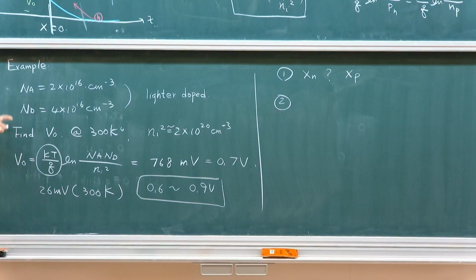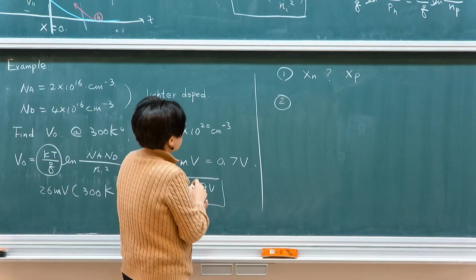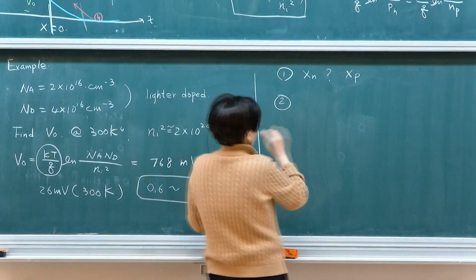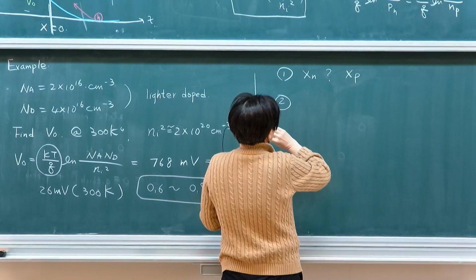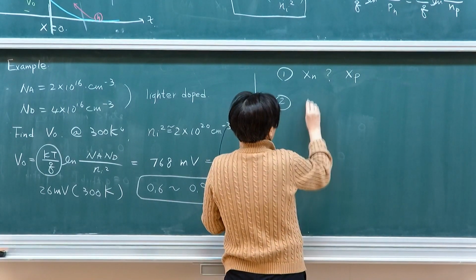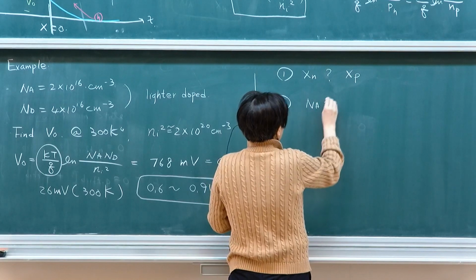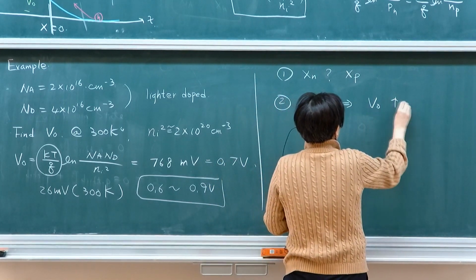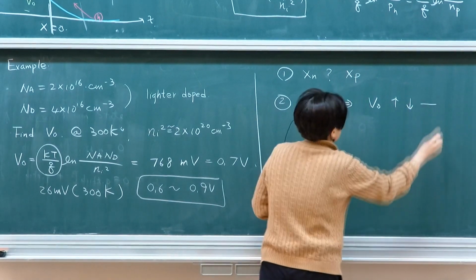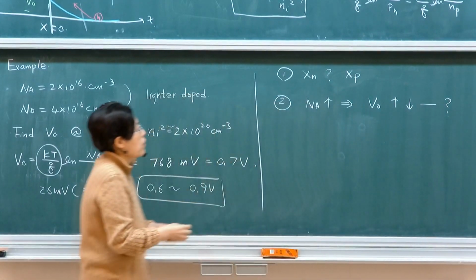I'm just saying that if I give you something like this, you should figure out these particular results. And then, let me think, Xn, Xp, and if Na increases, does V0 increase, decrease, or stay flat? That sort of thing.